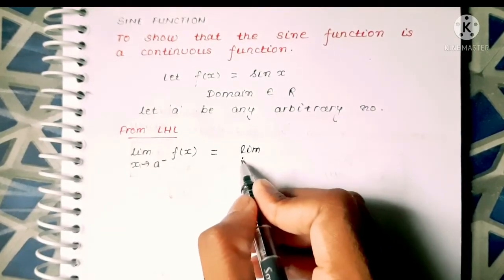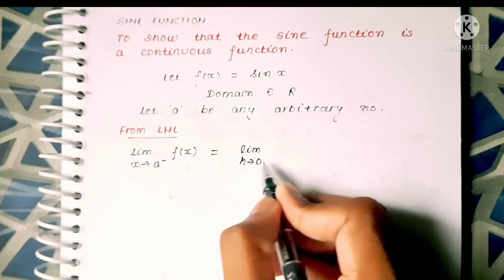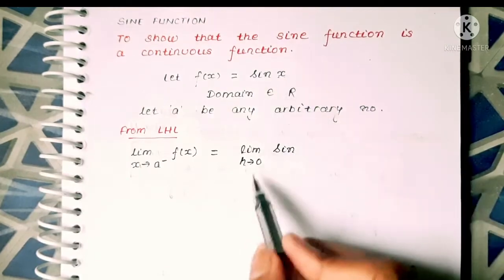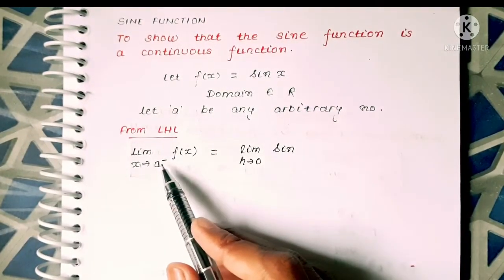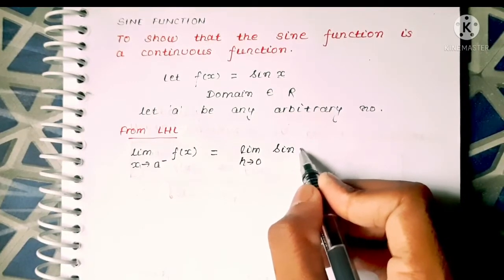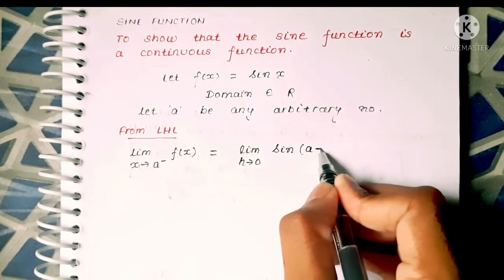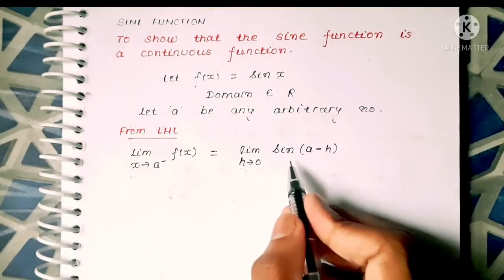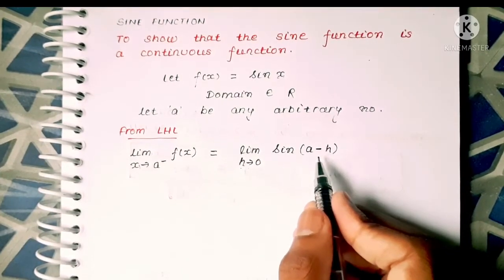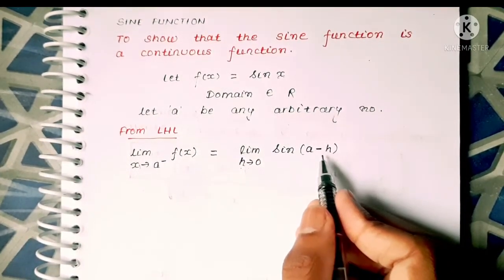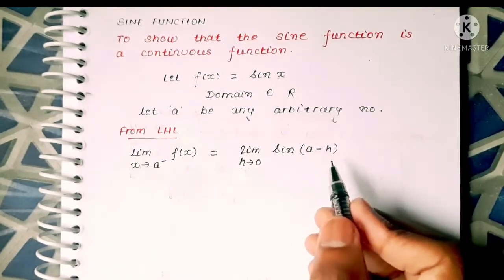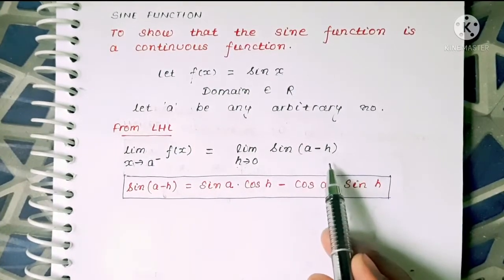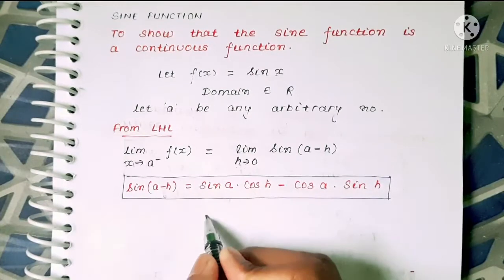Then this will become limit h tends to 0 of sin x, and since x tends to a minus, x will become a minus h, where h tends to 0. Here we come with a formula for sin(a minus h), and we have to replace sin(a minus h) by this formula.